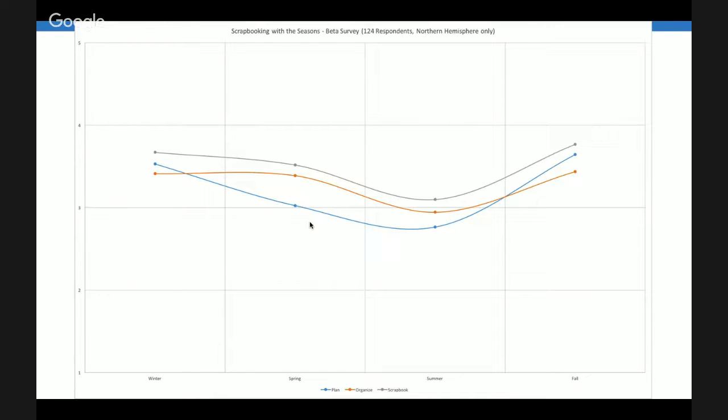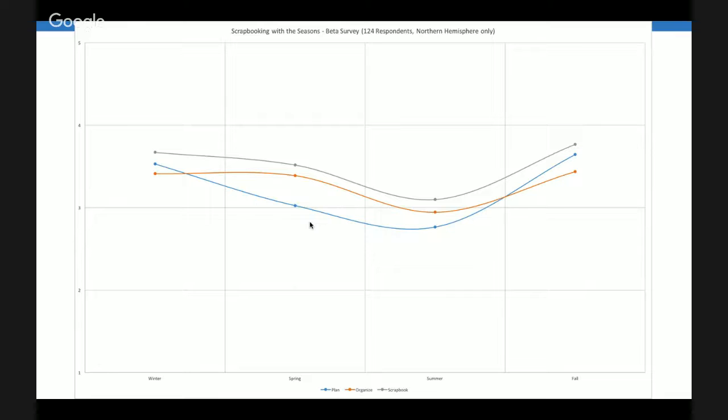And so to me, this is so fascinating, because I love how we can adjust our personal expectations for our hobby and ourselves, and even our whole surrounding life, based on our interests. It doesn't have to be one straight line throughout the year, where you have to always be scrapbooking the same amount, or you always have to be perfectly organized.